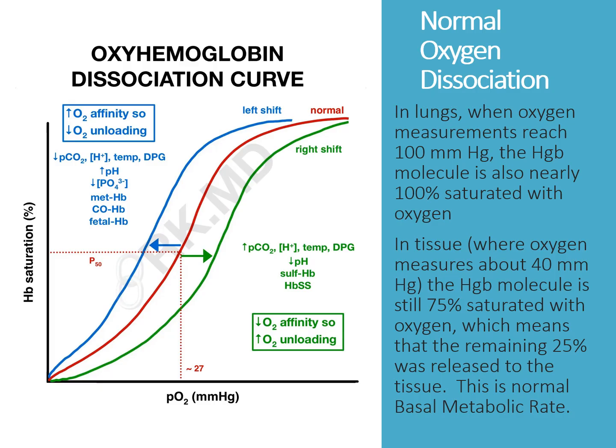Interesting fact, in terms of the left shift, one of the criteria of resuscitation of drowning victims who have hypothermia is that we cannot call a death on a drowning victim until we have brought their body up to a specific temperature.